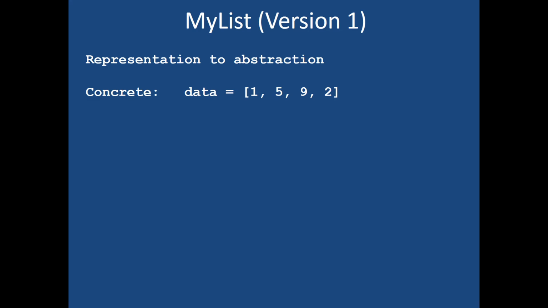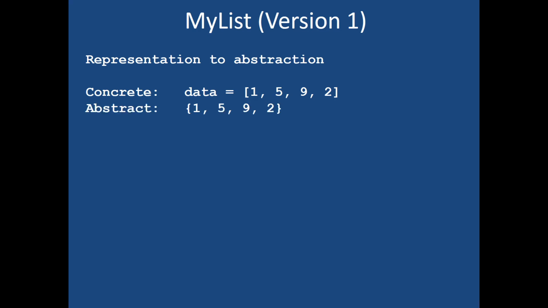What elements are in the MyList object that contains that array? All right, let me ask a more specific question. How many elements are in the MyList object that contains that array? 4. And what are the elements? 1592, in that order.